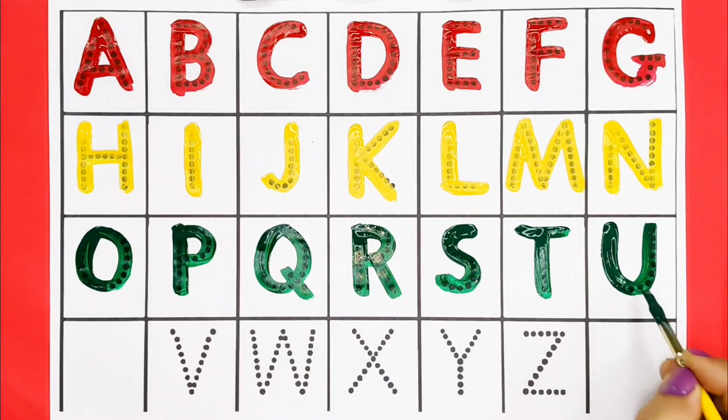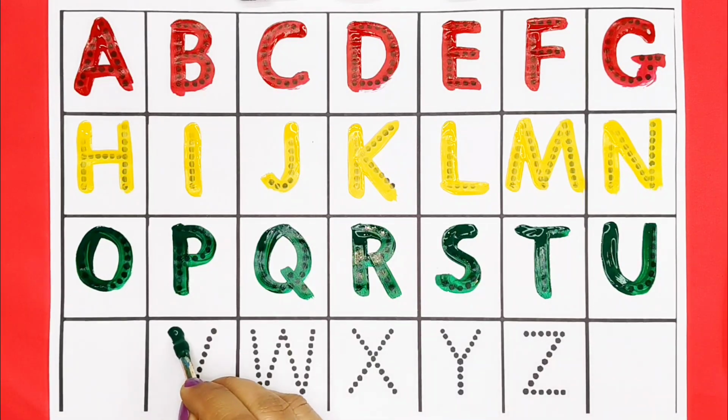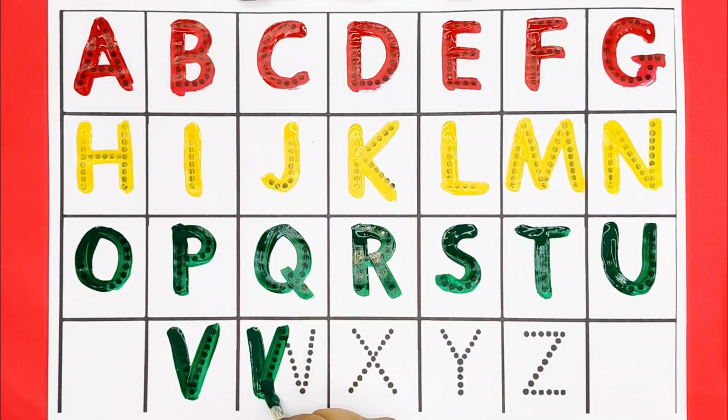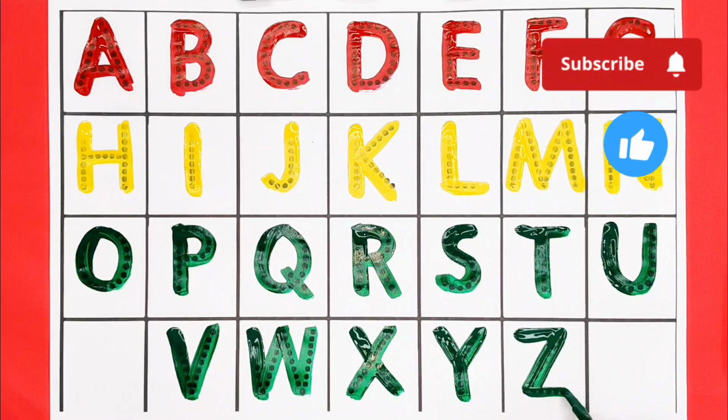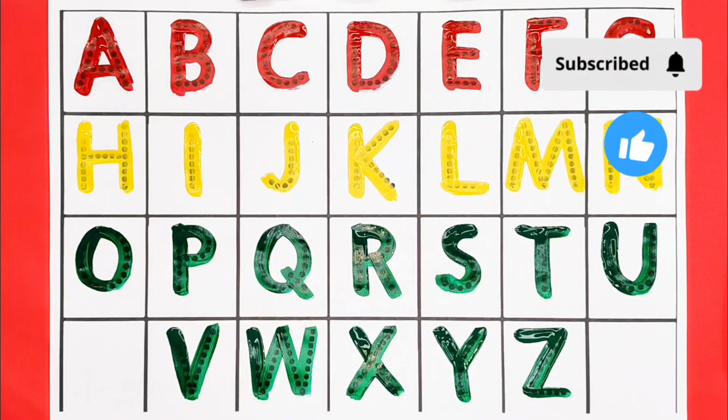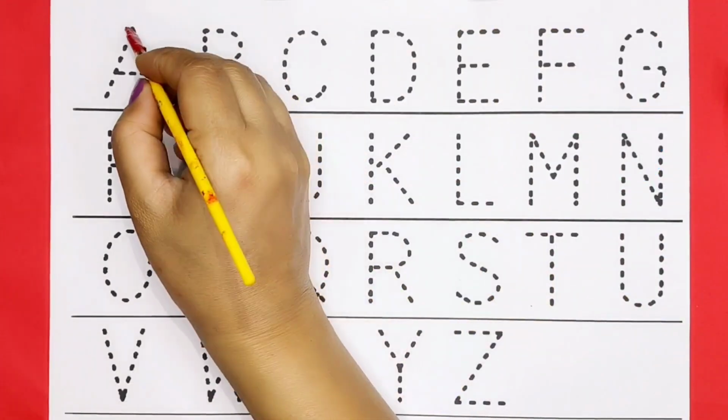U for umbrella. V for van. W for what? X for Xmas tree. Y for yo-yo. Z for zebra. Red color.